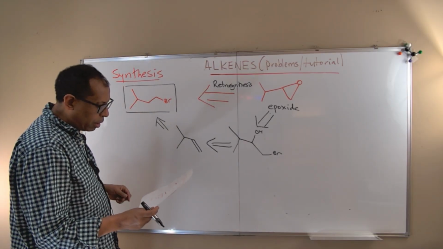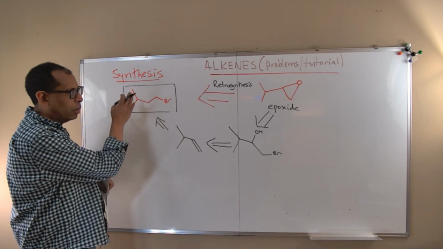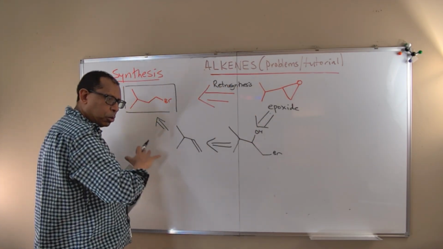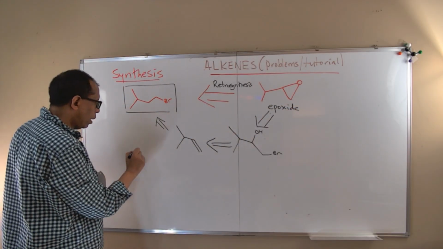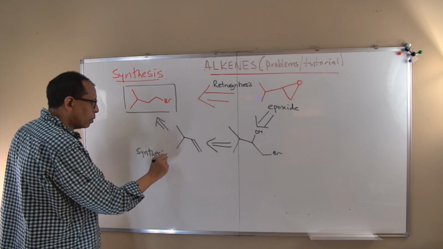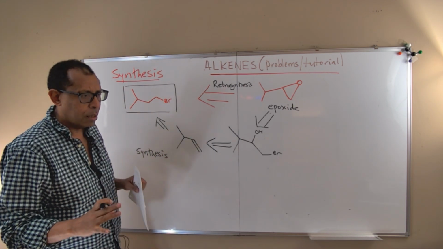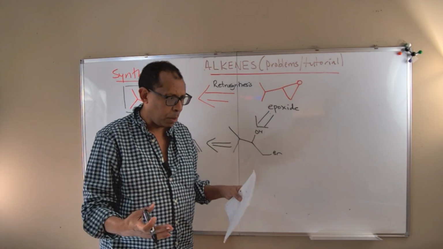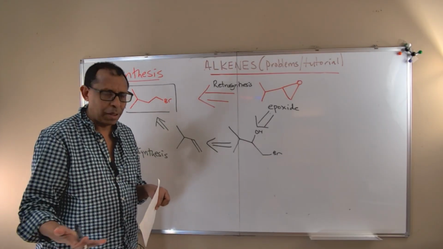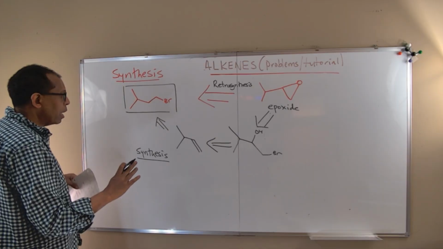In the forward reaction, to come to this now, these are retrosynthesis, backwards. We can also now do the forward. Now I'm writing the synthesis, not the retrosynthesis. So starting from this, how do I go to the alkene? Alkenes can be made from elimination by E2 of an alkyl halide that we have done, I think, in chapter 7 or 8.